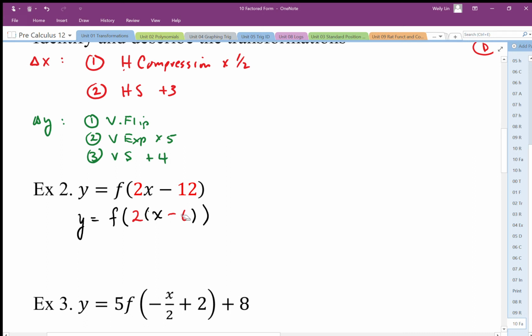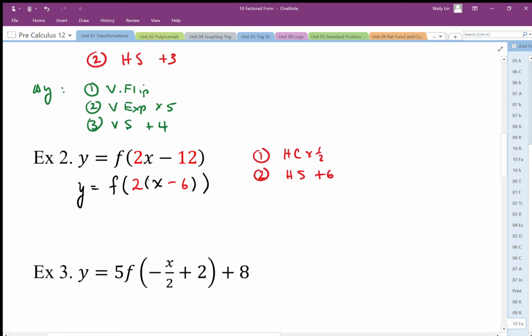So my vertex can be seen in the actual equation now. I know my vertex is going to end up at plus 6. So factored form allows me to first do my horizontal compression by 1/2, and second, the horizontal shift plus 6. It's going to be able to do that last.